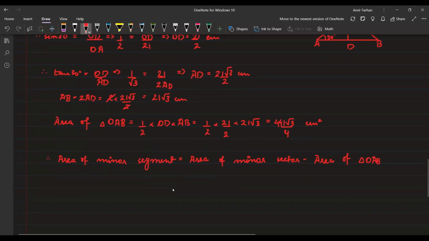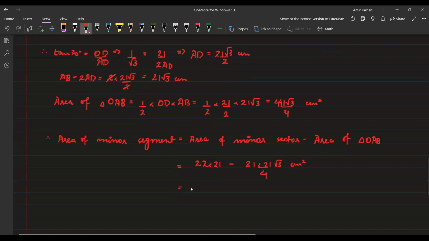Okay. So area of minor sector is, Gianna, 22 into 21 minus, and I'm writing it as 21 into 21 root 3 divided by 4, so that I can take 21 as common. That is in centimeter square.